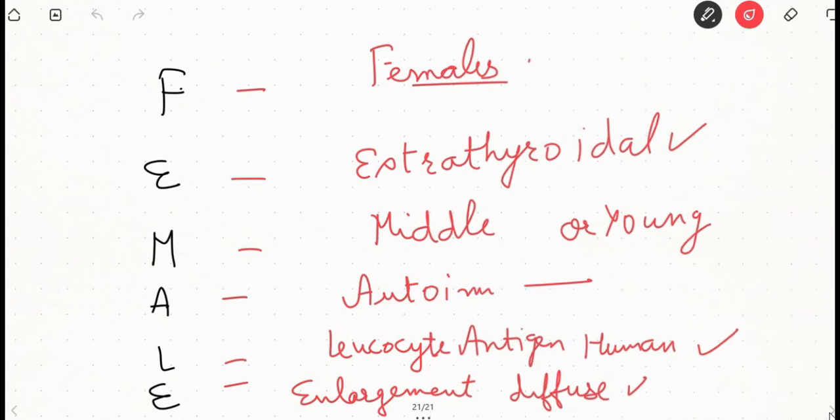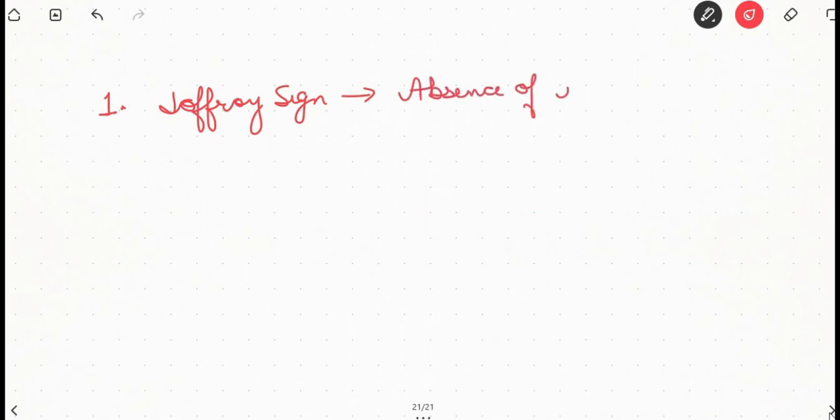Coming to the various eye signs. Number one eye sign that you have to remember is Geoffroy sign. What is Geoffroy sign? It is the absence of wrinkling of the forehead when you ask the patient to look upward.